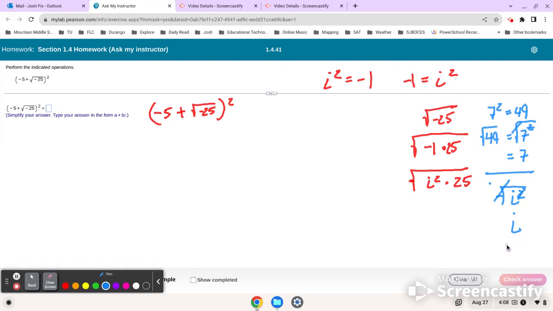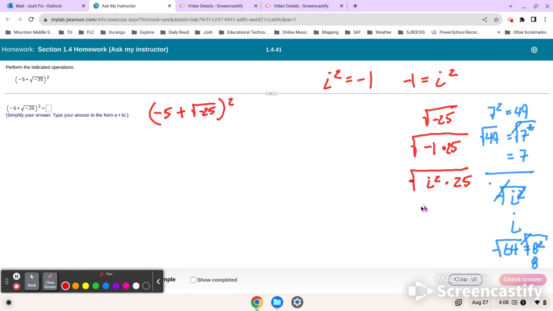Maybe if you need to do it one more time, think about it like this. If I had the square root of 64, 64 is equal to 8 squared. So i works just like 8. When I take the square root of 8 squared, the square root and the square cancel, and I come out with an 8. Bringing it back to our problem, we take the square root.